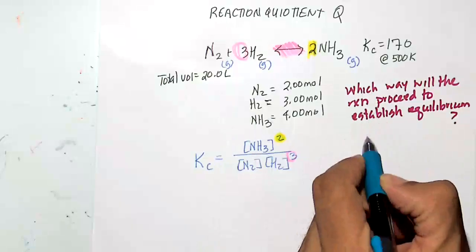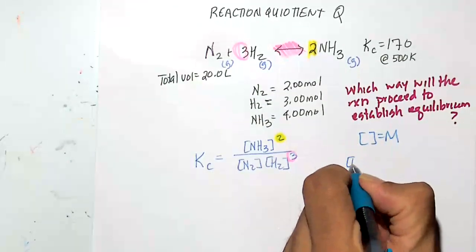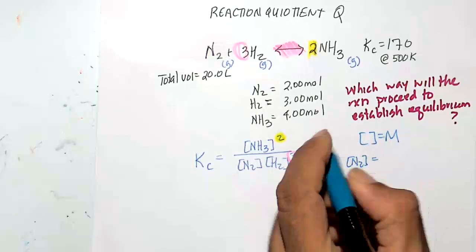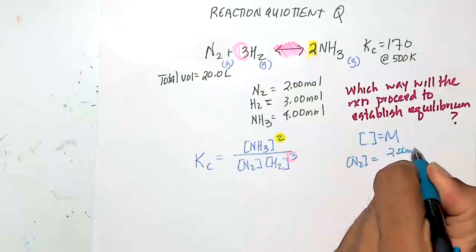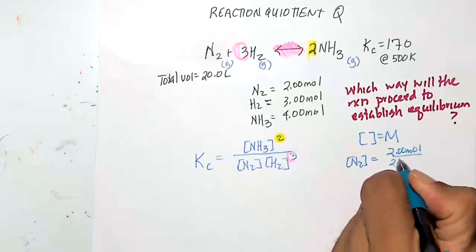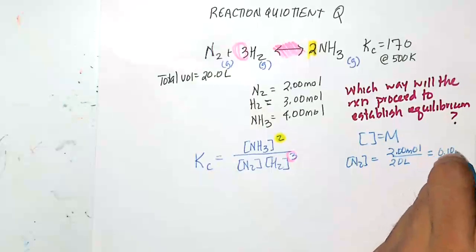All right, so this is concentration. Let's figure out the concentration of N2. What's 2 divided by 20? 0.1 molar.